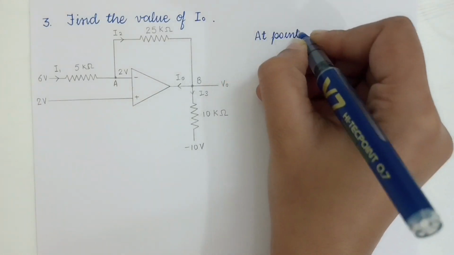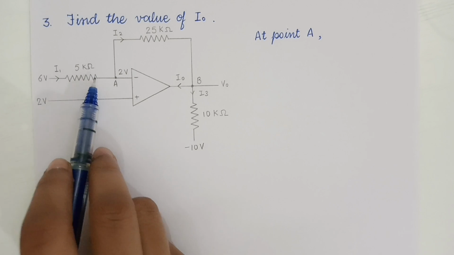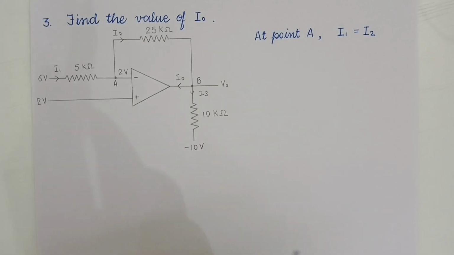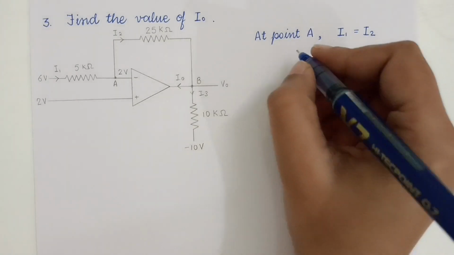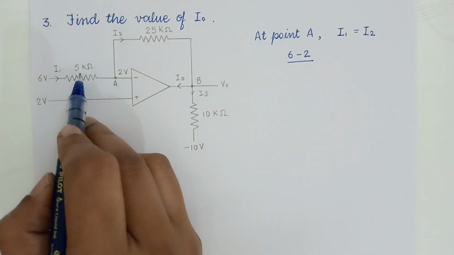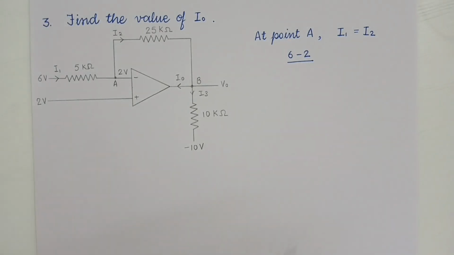So at point A, I1 is equals to I2. And now V by R, so 6 volt minus 2 volt, that is 6 minus 2 divided by the resistance here, which is 5 kilo ohm. You have to just be aware of the units you are using.